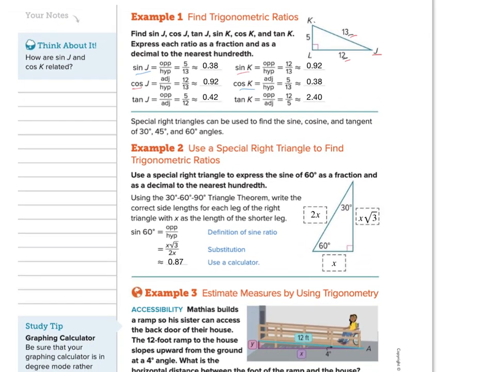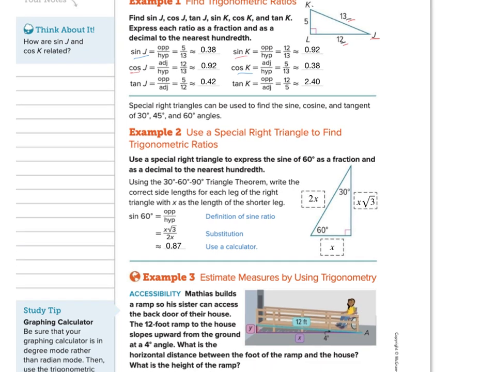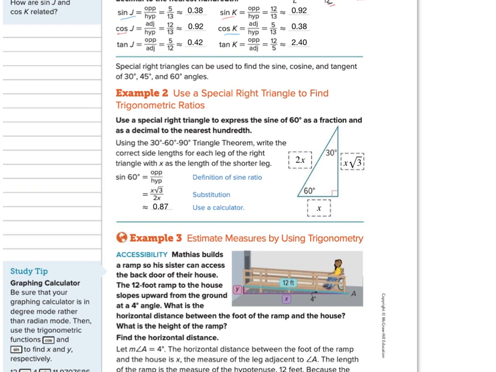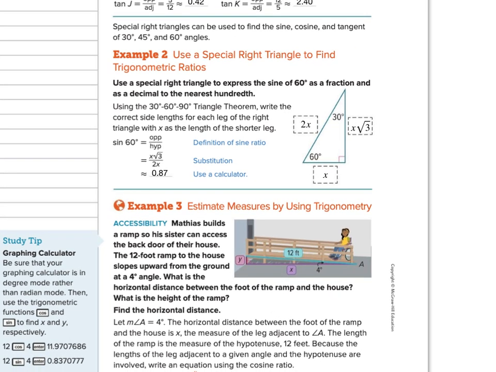To use special right triangles to find the trigonometric ratios, it's the same. If I have this angle measurement right here, angle 60, it's telling us to use the special right triangle to express the sine of 60. So again, the sine is equal to the opposite side over the hypotenuse.